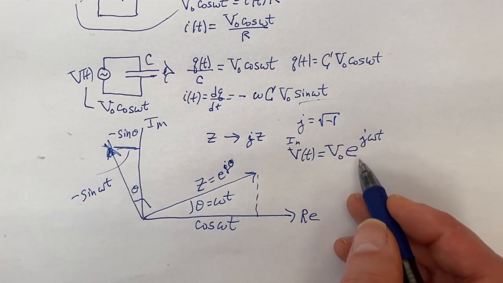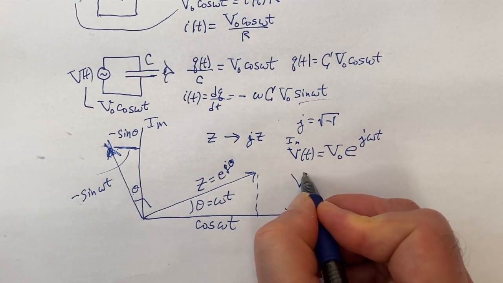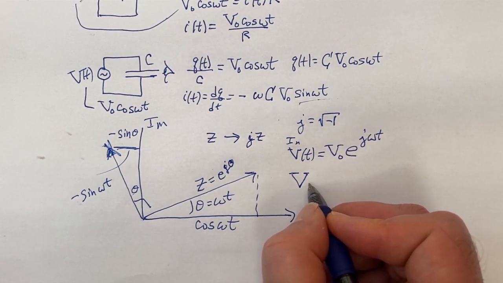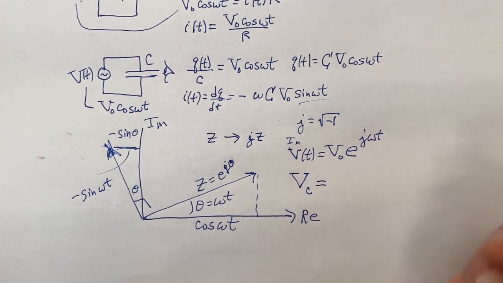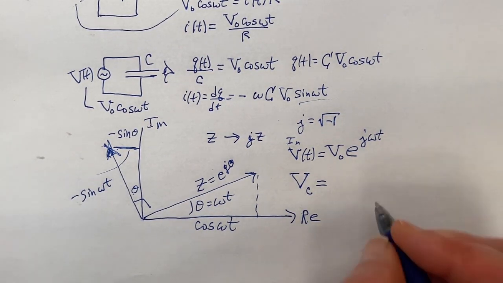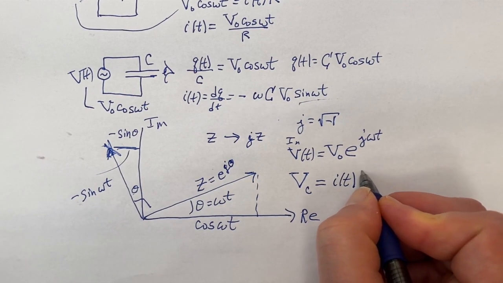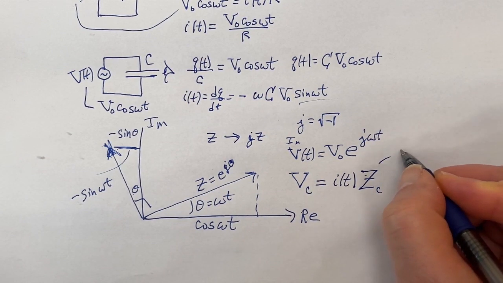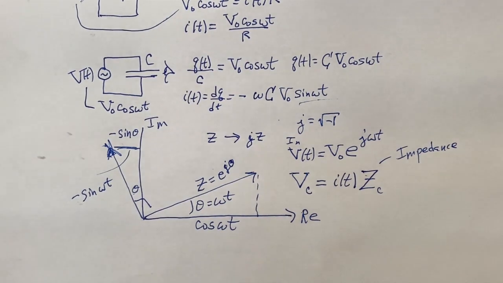But this is very, very powerful. Then if you look at the voltage across the capacitor, it'd be nice to have a generalized Ohm's law, where you have the current and some kind of resistor, which we'll call the impedance for the capacitance, a generalized form of Ohm's law. What might that impedance be?